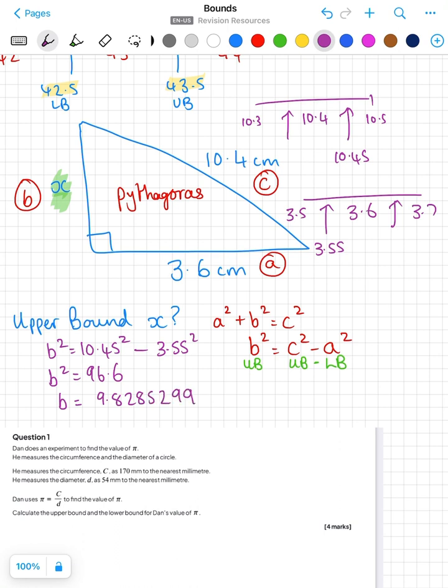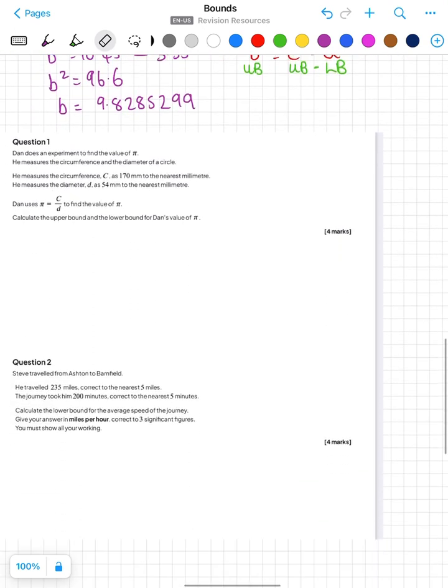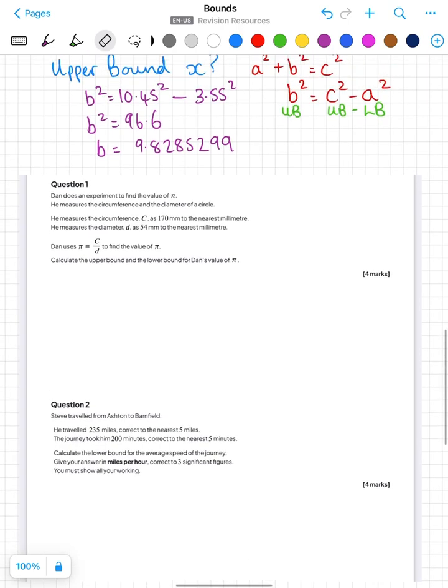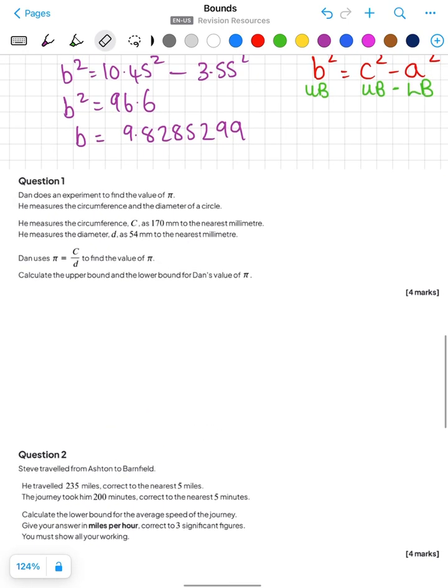Our question hasn't said round your final answer because we don't know that the lower bound isn't something very similar but with only a few decimal places at the end different. So typically with bounds we want to leave the decimal places unless we get a question that says to give your answer to a certain number of significant figures or to a certain degree of accuracy.